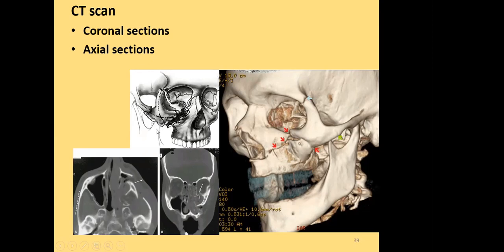So you will find that either opening or closing just becomes a problem, because you can see here the rami and these processes.